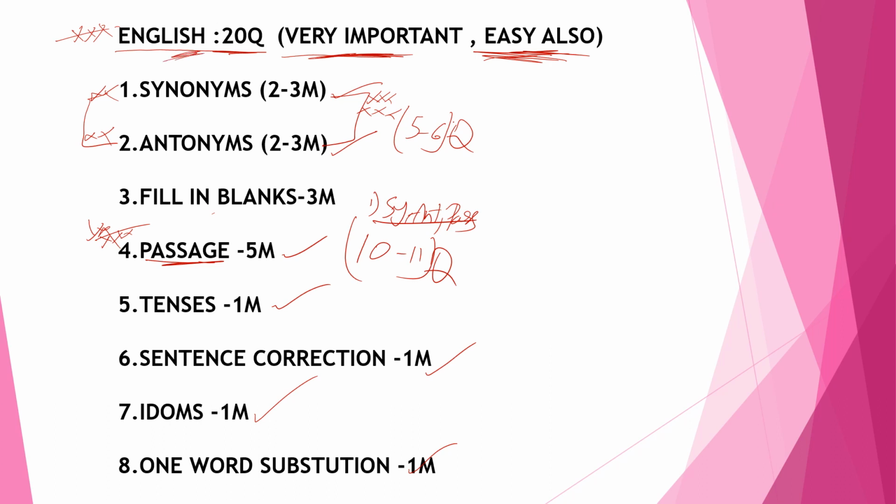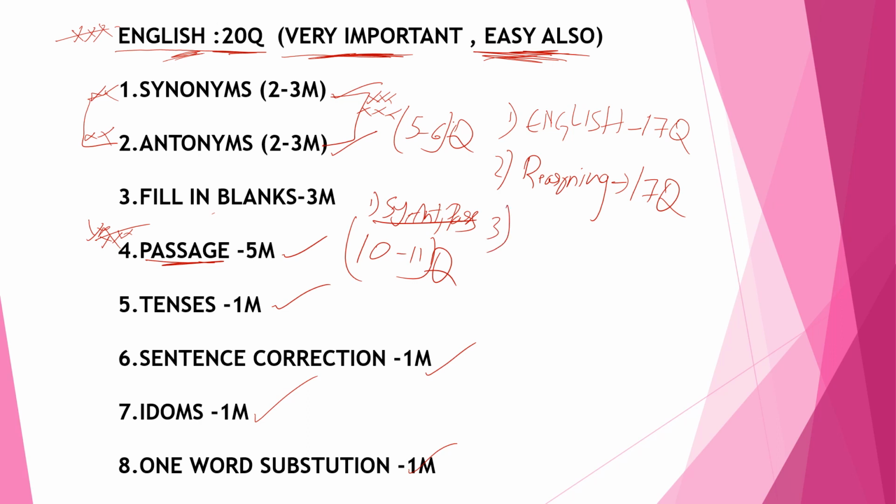So your strategy should be, first your target should be English. Here definitely you need to solve around 17 questions. Next, your target should be reasoning. Here also you need to solve nearly 17 questions.